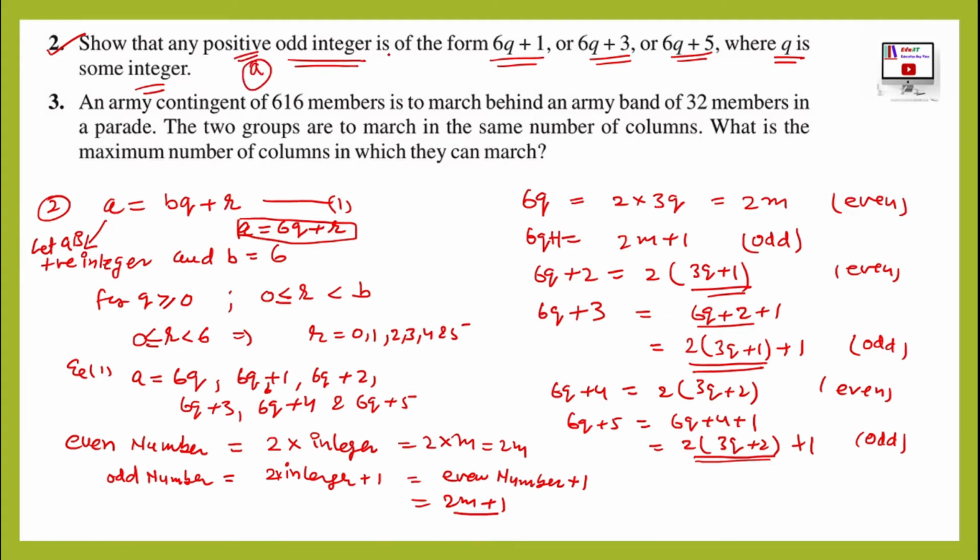So a is of the form 6q plus 1, 6q plus 3, or 6q plus 5, where q is some integer. So ये हमने शो किए हुए हैं: 6q plus 1 will be odd, 6q plus 3 will be odd, and 6q plus 5 will be odd for any integer, means for a.